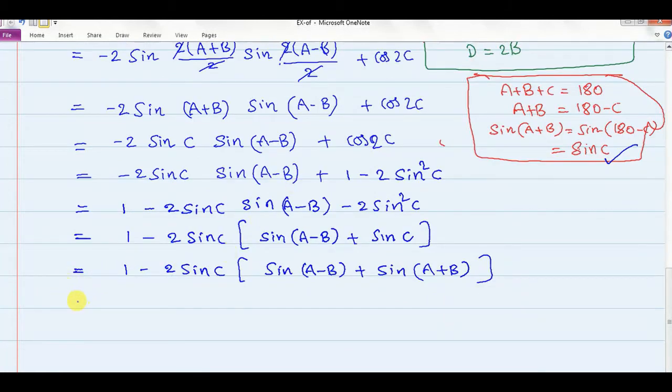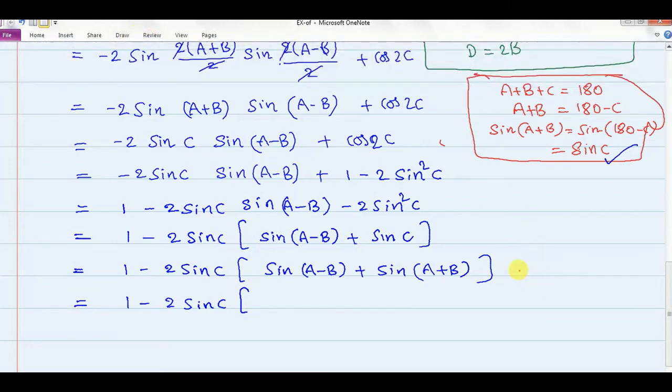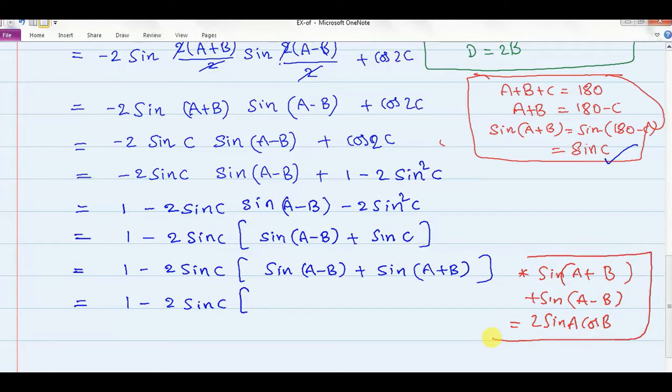This is equal to 1 minus, observe the two terms. They have a common factor minus 2 sin c. So take it as a common factor, we have sin of (a minus b) and plus sin c, because sin square c has 2 sin c's in it, sin c into sin c.